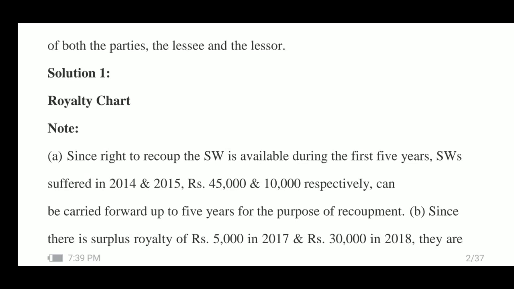Accordingly, we have to find out the short workings in any year, surplus royalty in any year, any irrecoverable short workings after recoupment, and the amount to be paid by the lessee to the lessor. So, the table showing this royalty and the short workings is called simply the royalty chart. We have to prepare the chart first, then we have to pass the journal entries.